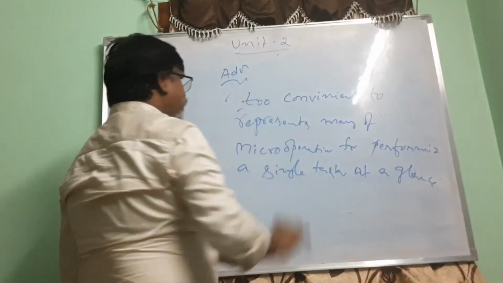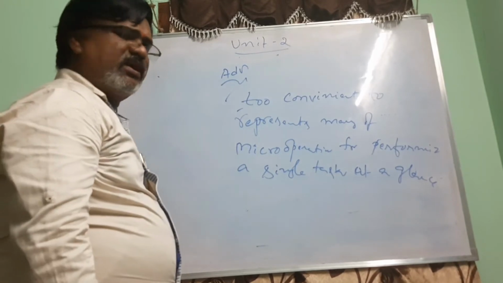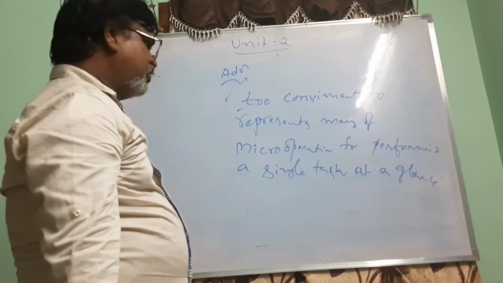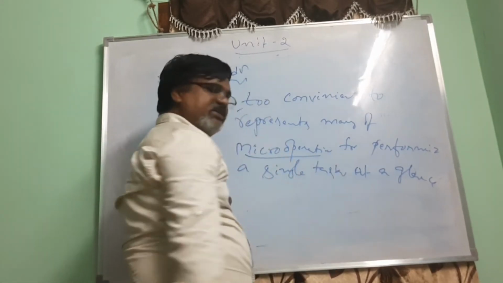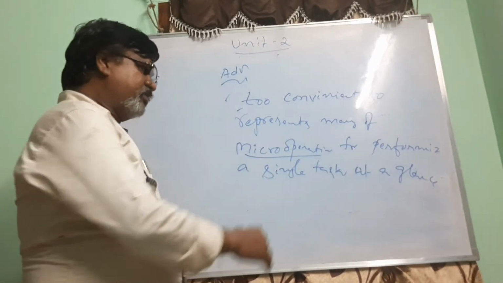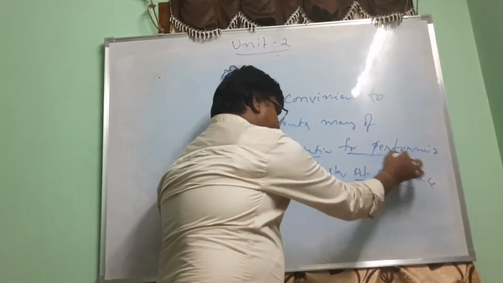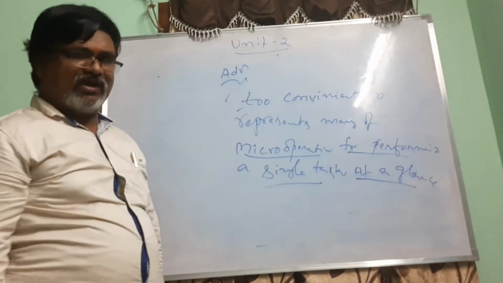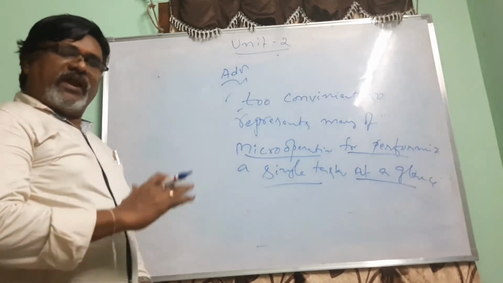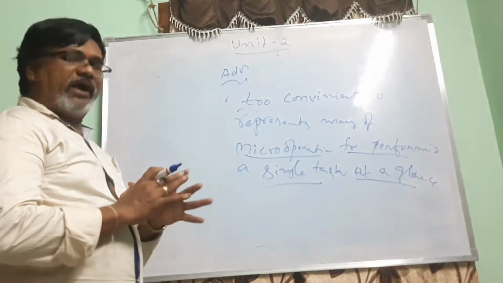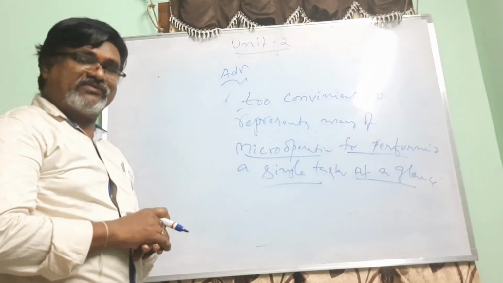So RTL is a very convenient method to represent many micro operations at a glance for performing a single task. Now you might have already understood the relationship between micro operations and register transfer language.